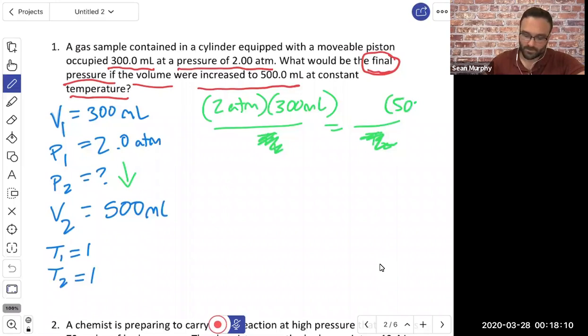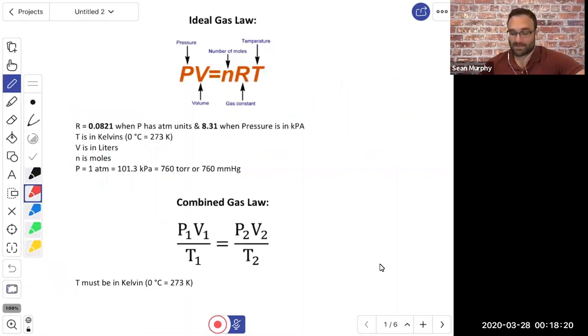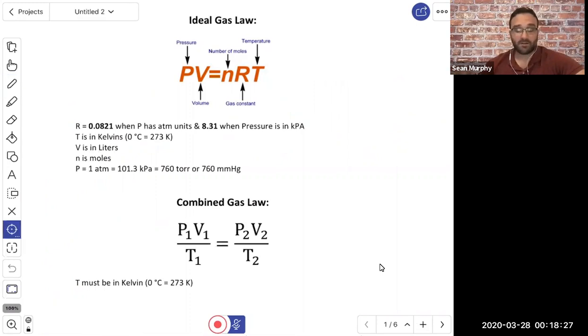All right, so it's really important that you keep track of your units. I say that because when we use the ideal gas formula, it is very unit dependent, meaning that you have to be in the correct units when you're multiplying, dividing specific numbers.